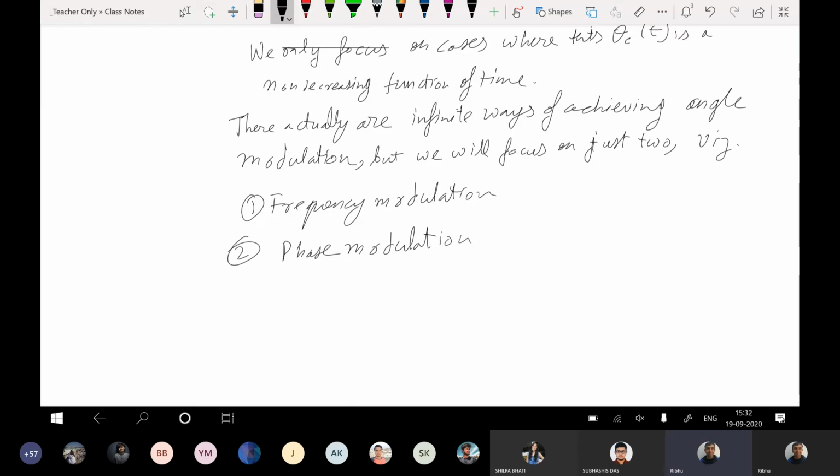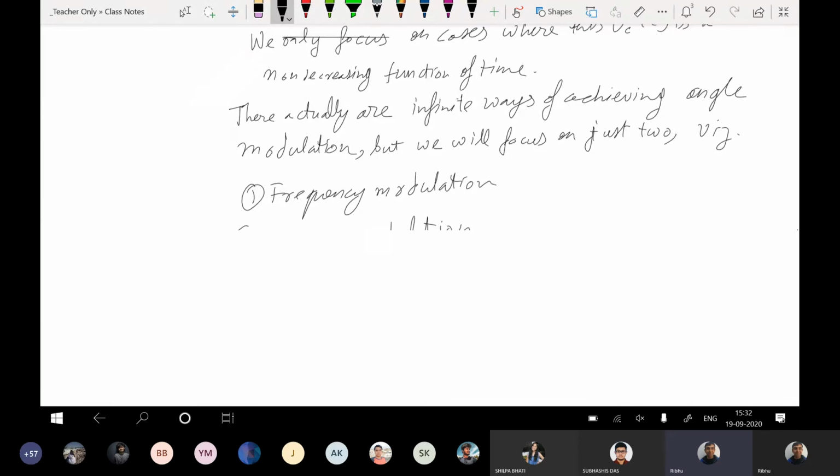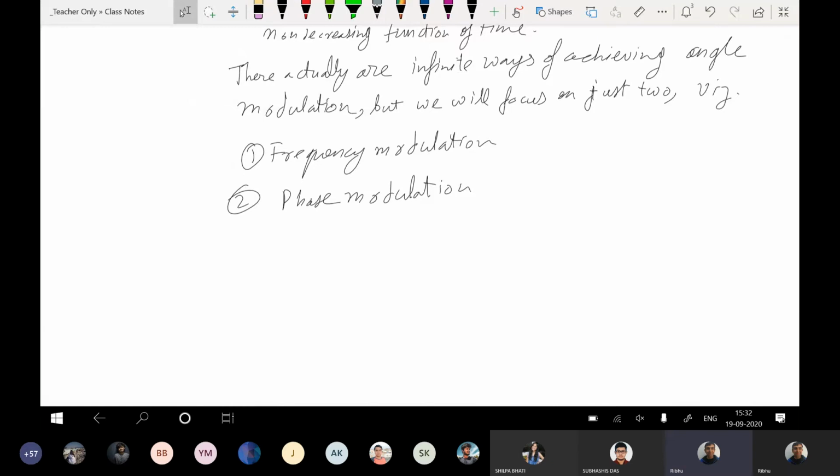We'll define both of these in today's class. But before we discuss this, we'll have to revisit the notion of frequency.